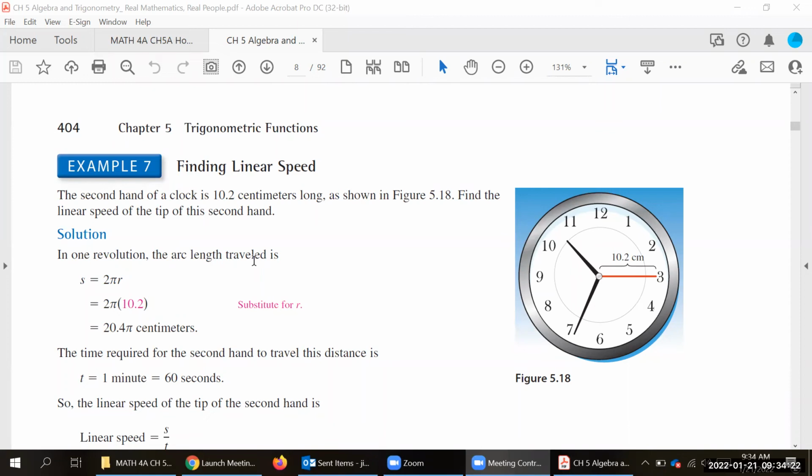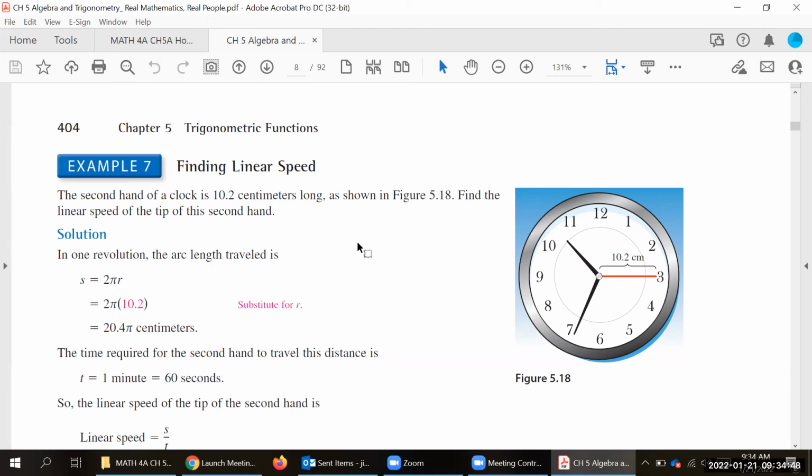The length of the second hand is 10.2 centimeters long. What is the linear speed at the tip of that second hand? So you're not given anything else. I would tell you centimeters per minute or centimeters per hour, what is the rate it is traveling? If you don't know what units to give in your answer, it's a little bit harder.